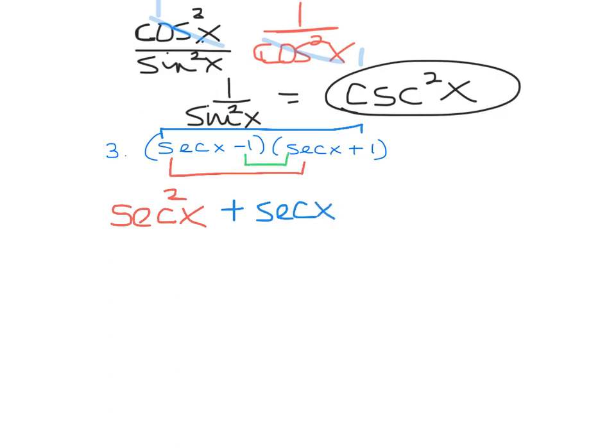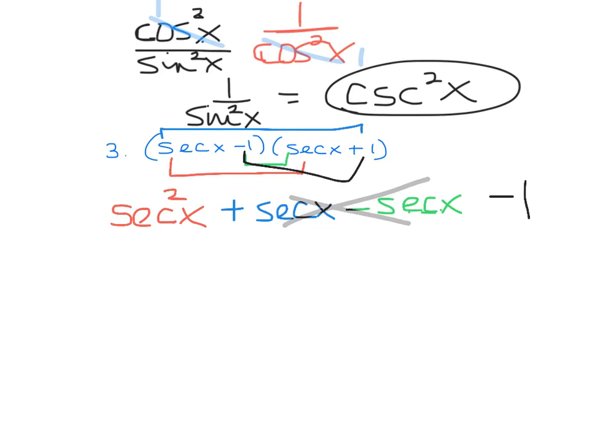Inside gives me negative secant x. And last, when I FOIL, gives me -1. Notice when I go to add my two middle terms, they're going to cancel out. So I'm left with the difference of two squares.